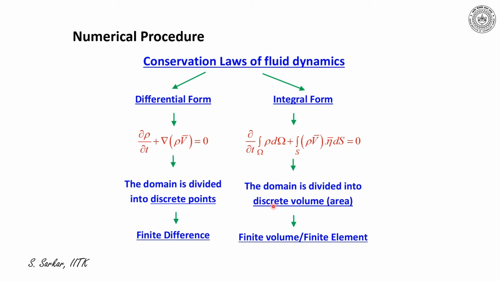These volumes or areas are referred to as elements for finite element method or cells for finite volume methods, and we'll solve the discretized integral equation for this elemental volume, leading to finite volume schemes or finite element schemes. Thus, here I have explained what is the difference between finite volume method and the finite difference methods.